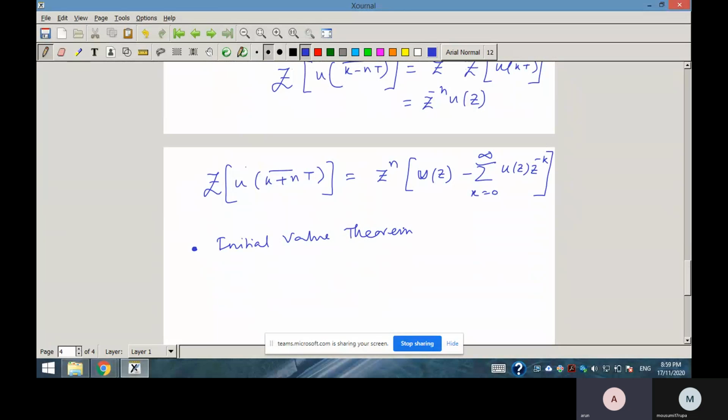And the final value was y infinity equal to limit s tends to 0 of s Y(s).